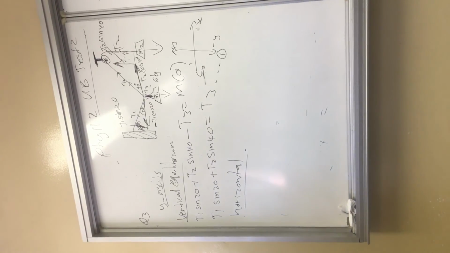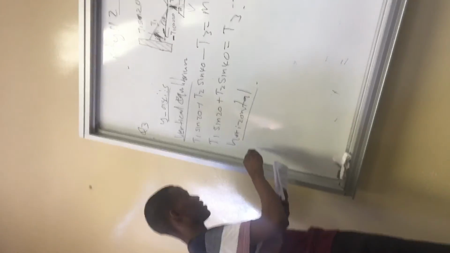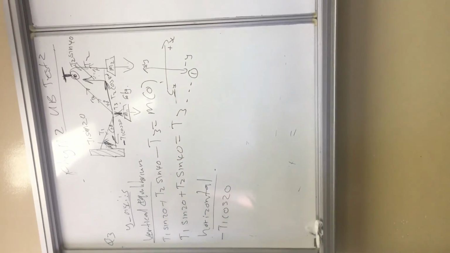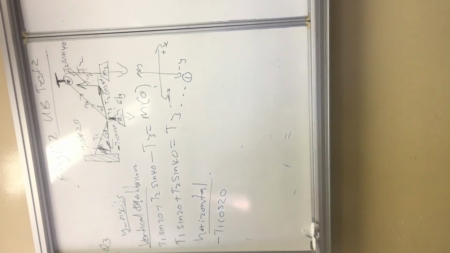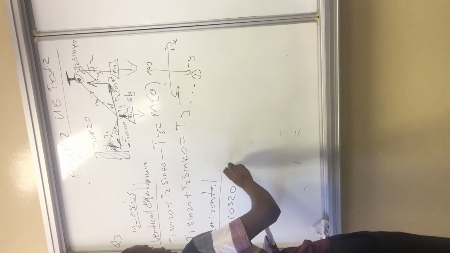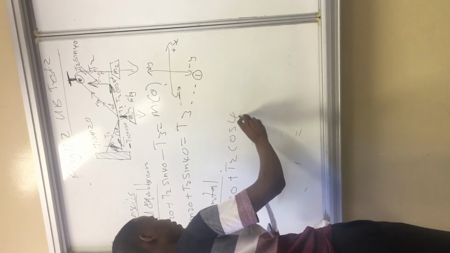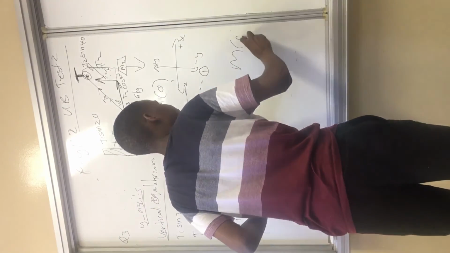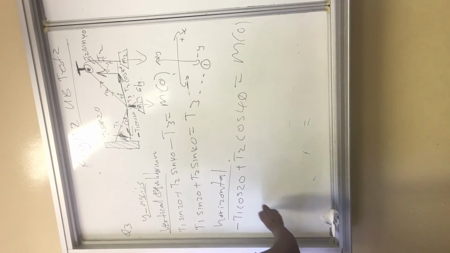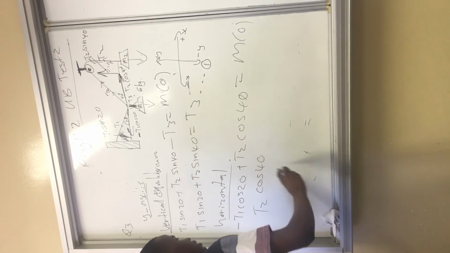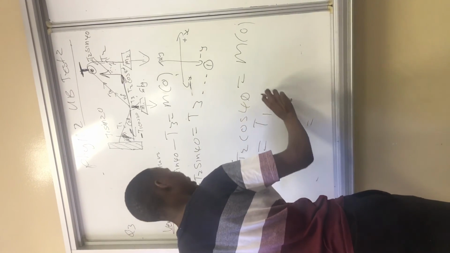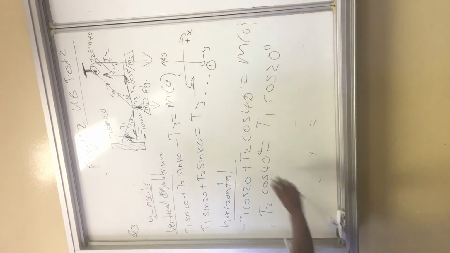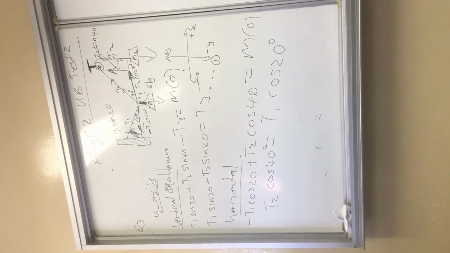Negative T1 cos 20, then plus T2 cos 40, is equal to mass times acceleration, which is zero. This means that T2 cos 40 is equal to T1 cos 20. Are we together?